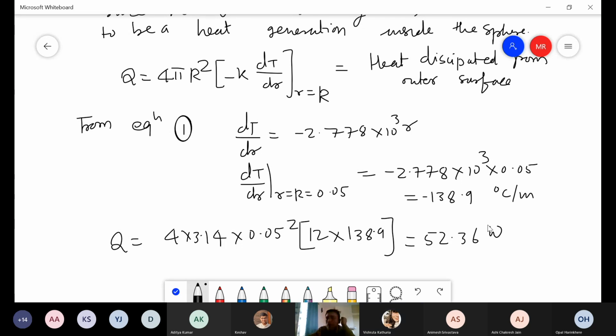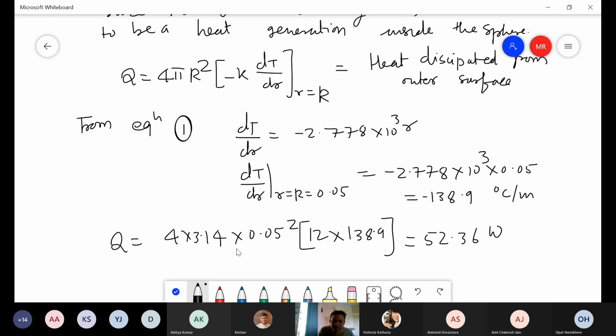Now this amount of heat that is getting dissipated is nothing but the amount of heat generated by the internal heat generation, isn't it? The rate of heat dissipation should be the same as the rate of heat generation, isn't it? Then and then only at steady state we will have a continuous dissipation with this rate.